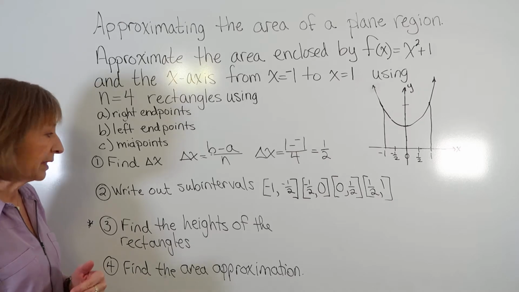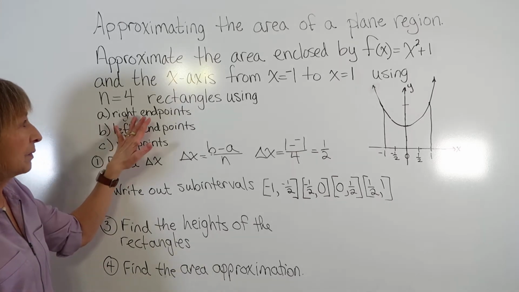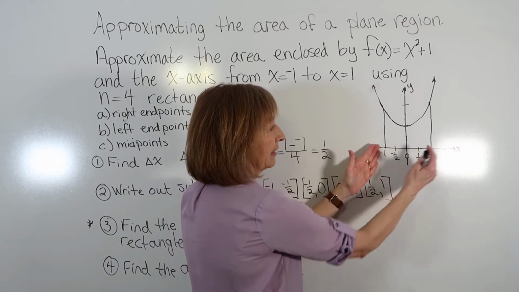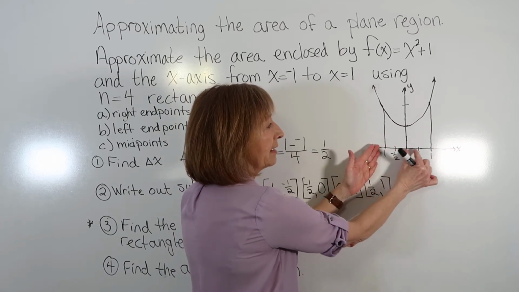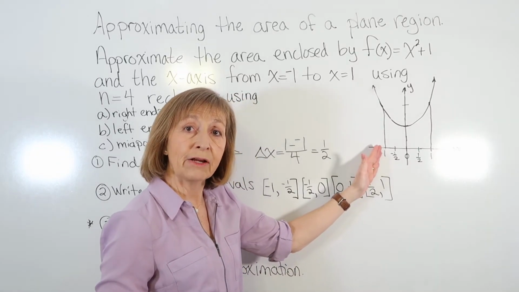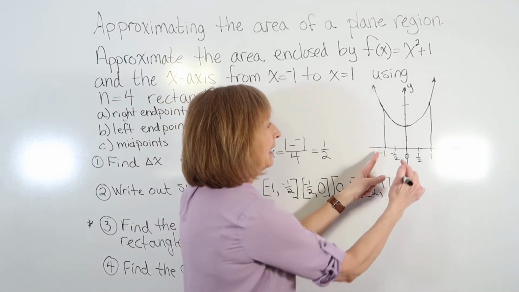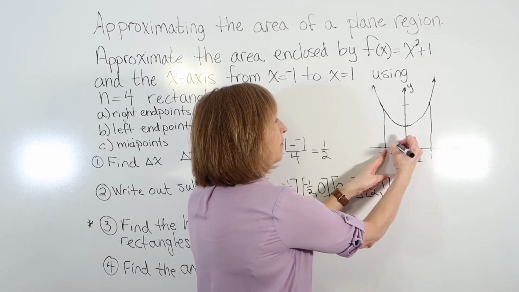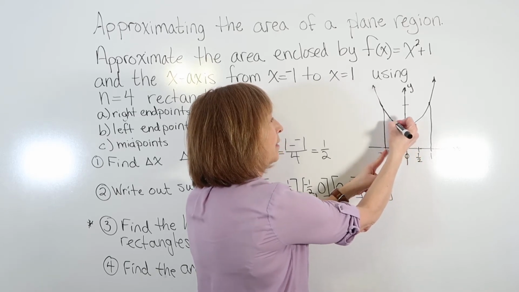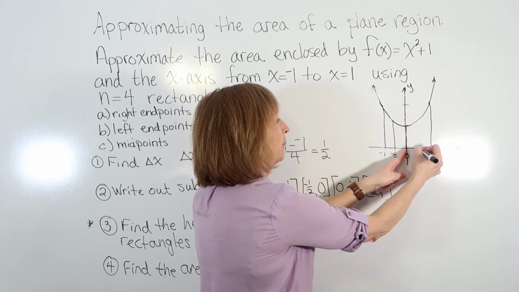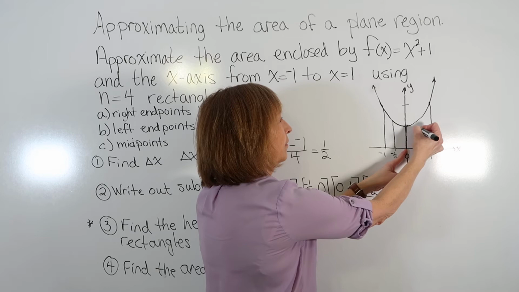So here's the plan if we are doing first with the right endpoints. Think about your interval. We've broken it up into the subintervals by finding our delta x, b minus a over n. And then in each subinterval, we're going to draw vertical lines up from the endpoints of the subinterval to the curve.